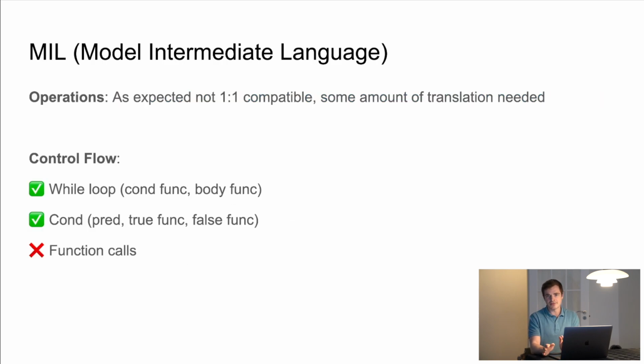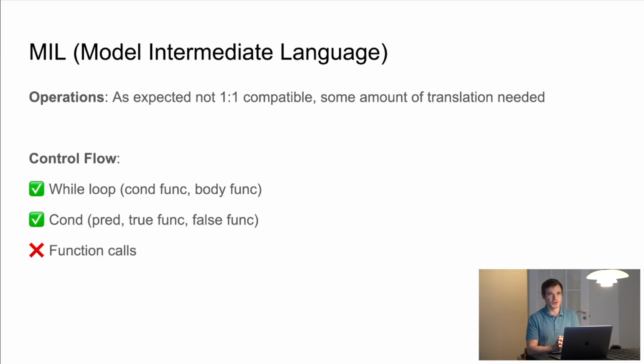If we dive a bit deeper into this ML language, obviously it's a different representation than StableHLO, so it's not one-to-one compatible between the operations in each language. So there's a bit of translation that's needed on that front.